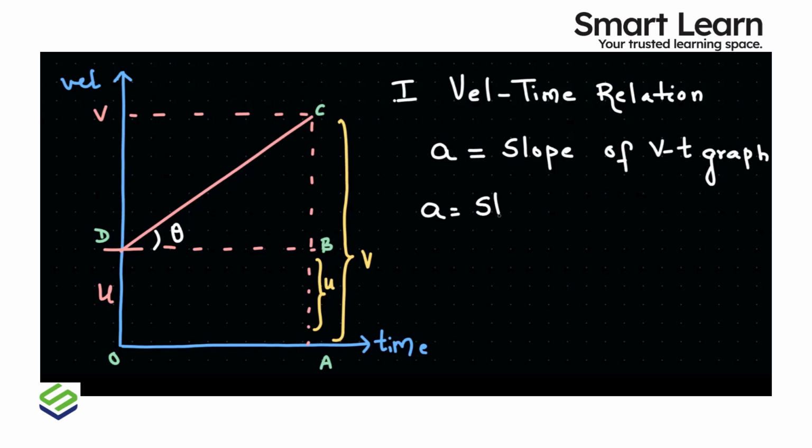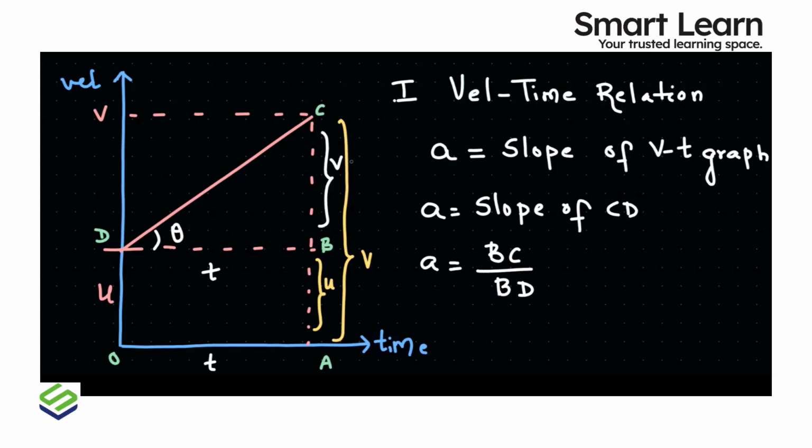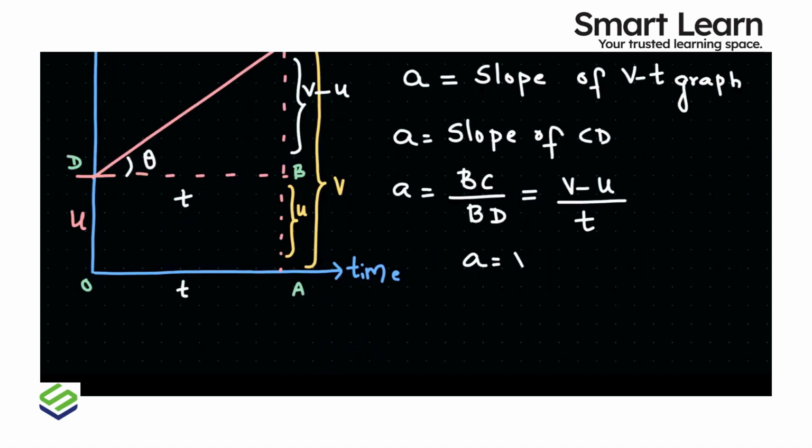I will find the slope as opposite side BC divided by adjacent side BD. So if this is T, this is also T. And what is this distance? This will be V minus U. So BC is V minus U, divided by T. So what you will get from this is A is equal to V minus U by T. That is V minus U is equal to AT, or V is equal to U plus AT. This is the first equation of motion. And what is missing in that is S. So we start with the second one with S.